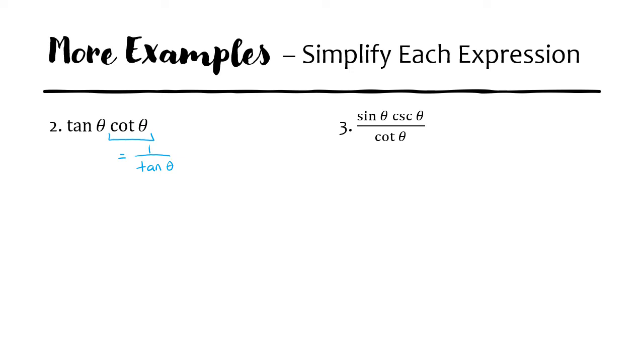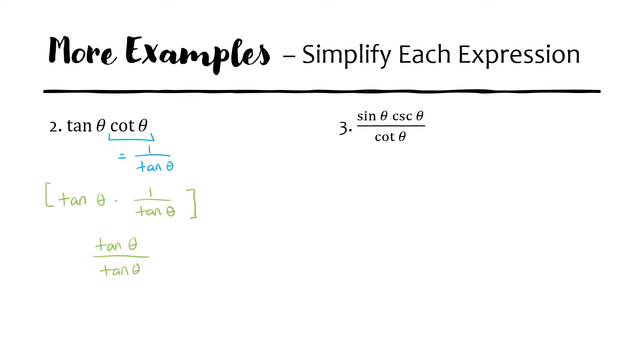This was basically a step we did in the previous example. Let's rewrite this as tangent times 1 over tangent, which really is just tangent over tangent. You might even be able to skip this little step and just jump all the way down to tangent over tangent.